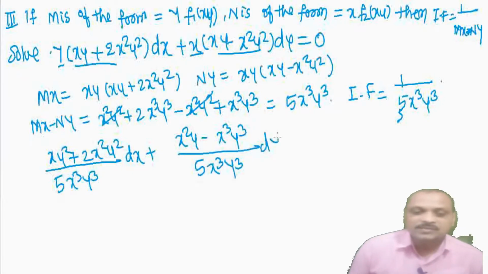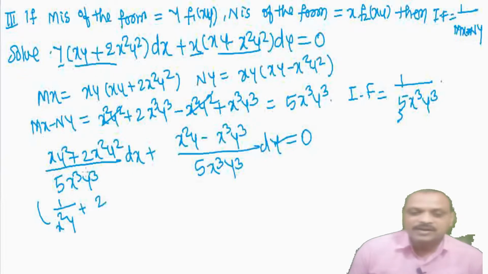Here we can leave this 5 by multiplying everywhere by 5, and here you can see that this is 1 divided by x square y plus 2 into 1 divided by x, into dx plus again here 1 divided by x y square minus x cube.